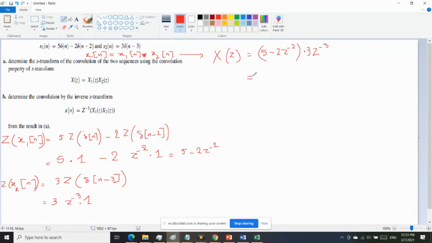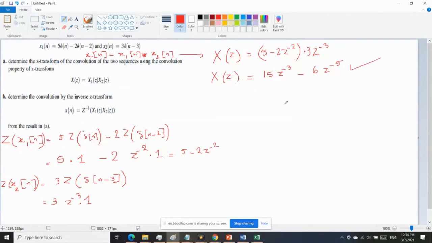So we can distribute, and it becomes 15. I expect the result to be 21 z. Why? Do the distribution. Fifteen z to the power of minus 3 minus 6 z to the power of minus 5. Right, I didn't notice, I added the exponents. Okay.